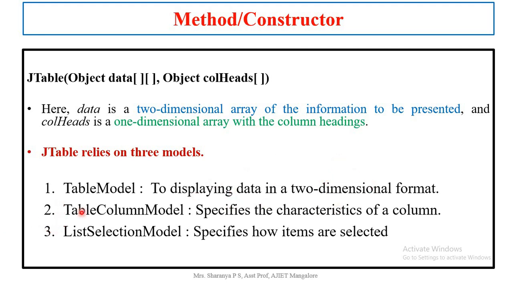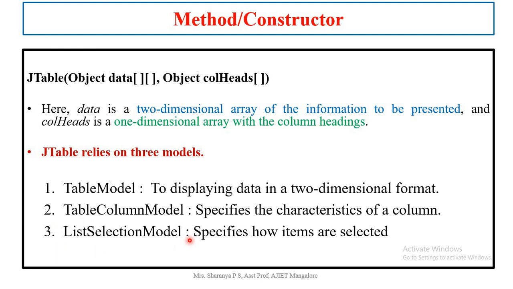Next, if we are using the table column model, then it specifies the characteristics of the column. Suppose we want to make some changes to the heading, how it is displayed, or if we want to swap the contents between two columns, in such cases we will refer to the table column model.